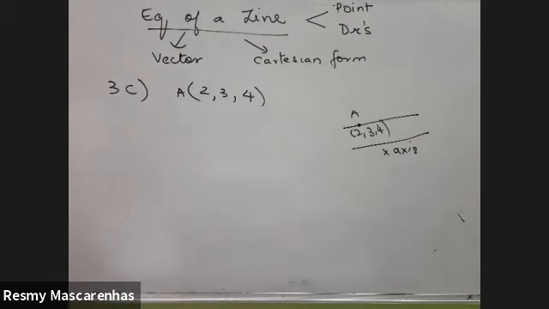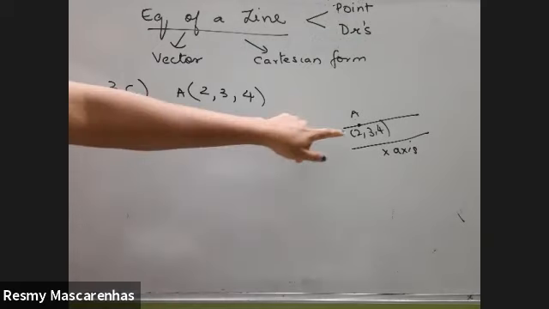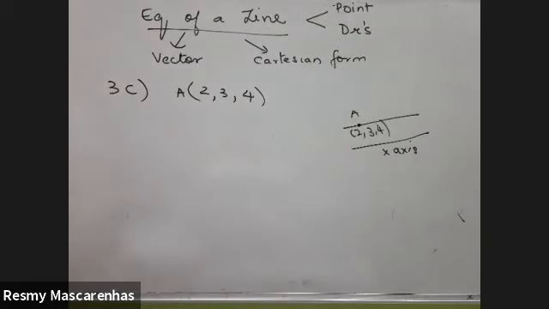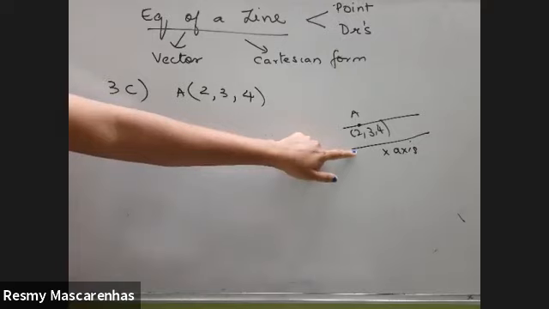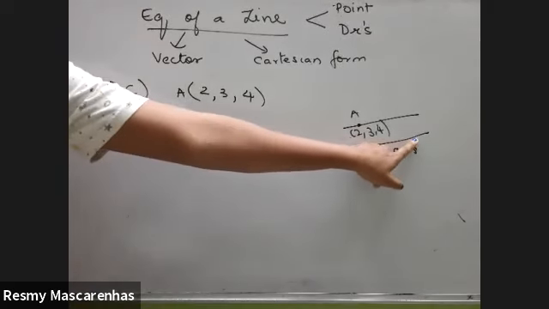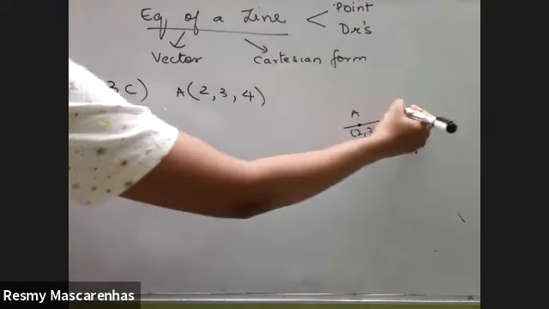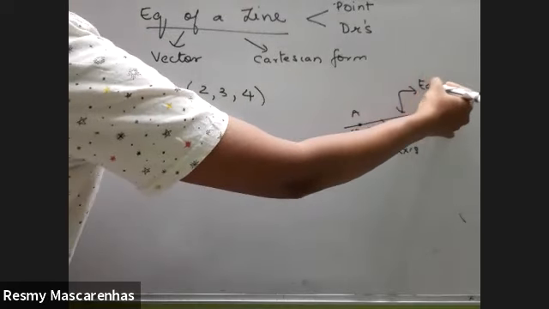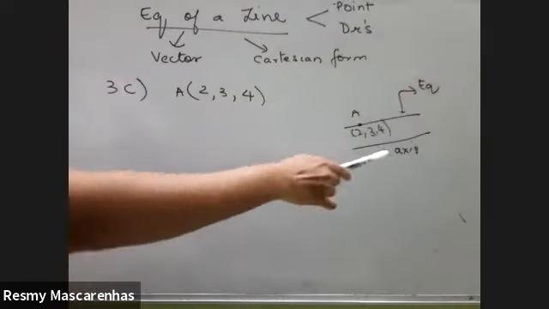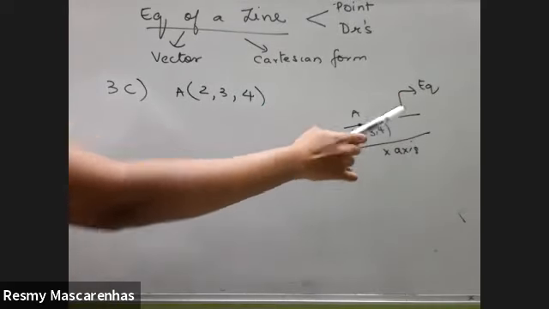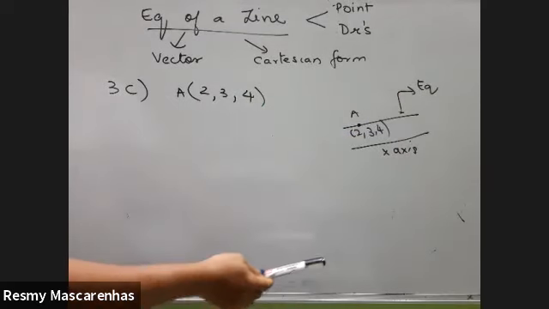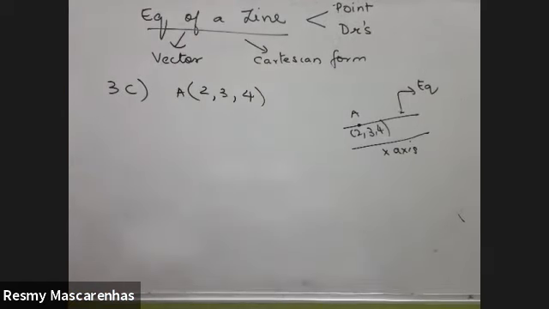So to find the equation of a line, we already know the point, and parallel to the x-axis means whatever the direction ratios of the x-axis are will be the direction ratios of this line. Parallel lines always have equal direction ratios. So what are the direction ratios of the x-axis? Can anyone tell me?